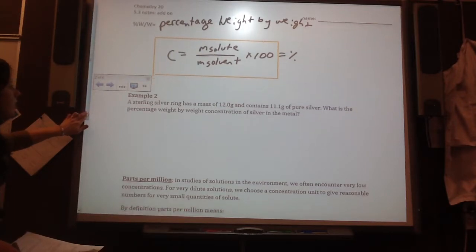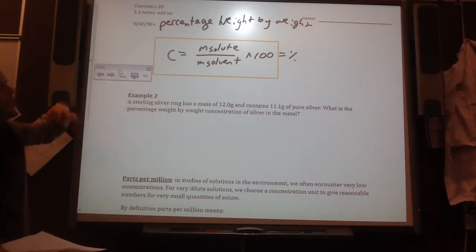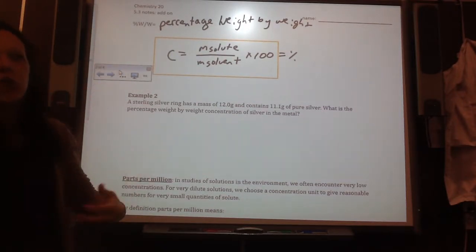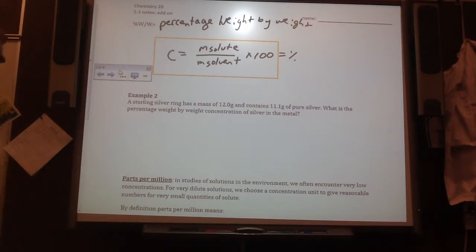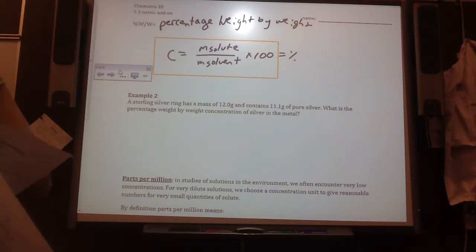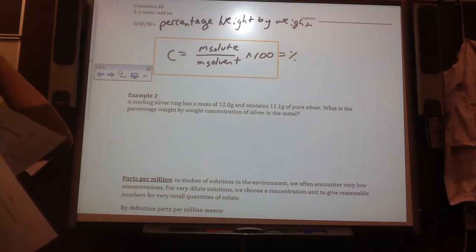So an example of that, because it's like, well, you're making a solution, so when would you have masses of both of them? An example would be like, say, if you're melting liquids together to make an alloy. So this sterling silver ring has a mass of 12 grams, and it contains 11.1 grams of pure silver.